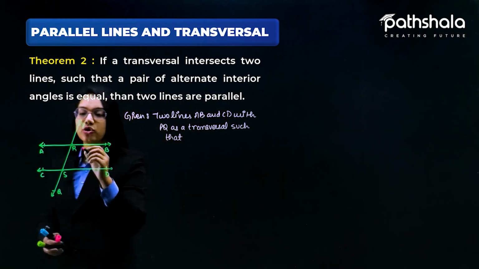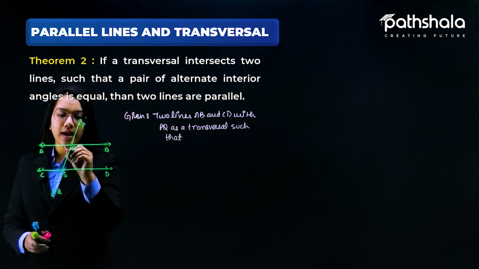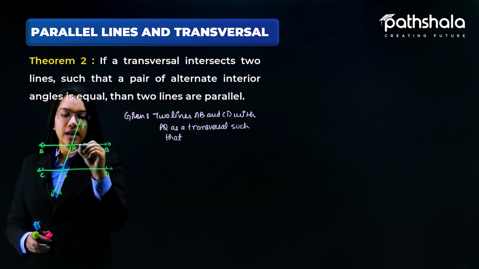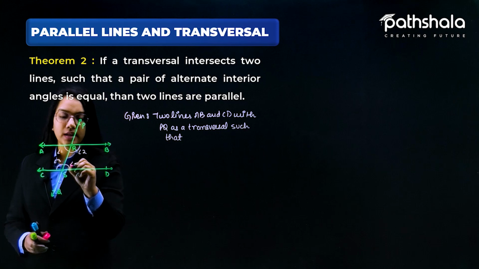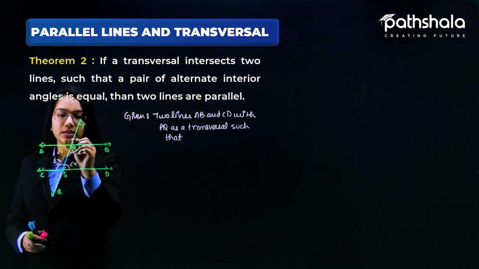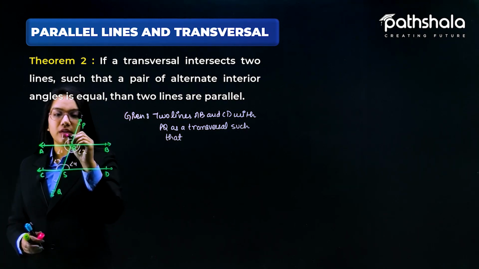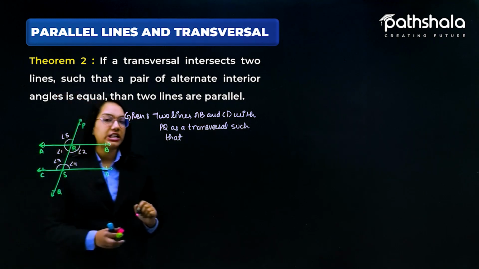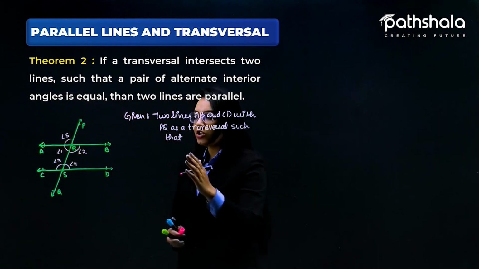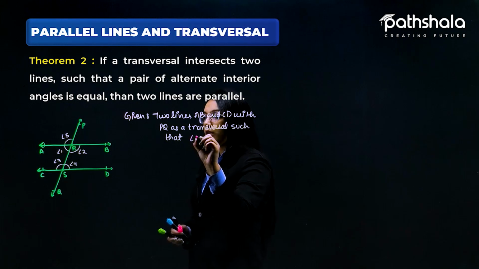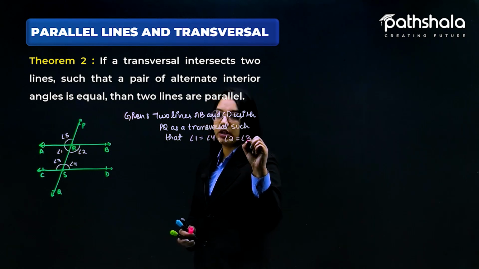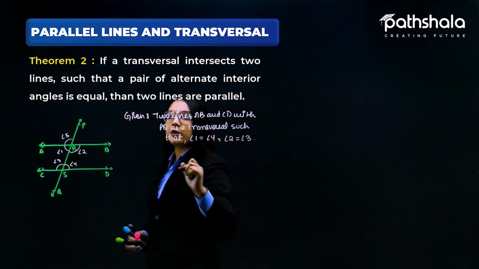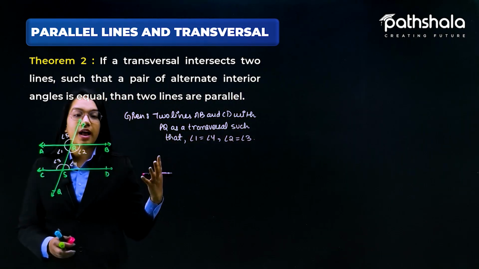I'm calling this angle angle 1, this angle 2, this angle 3, this angle 4, and this angle 5. It is given that angle 1 is equal to angle 4 and angle 2 is equal to angle 3. This is a given condition because a pair of alternate interior angles is equal.